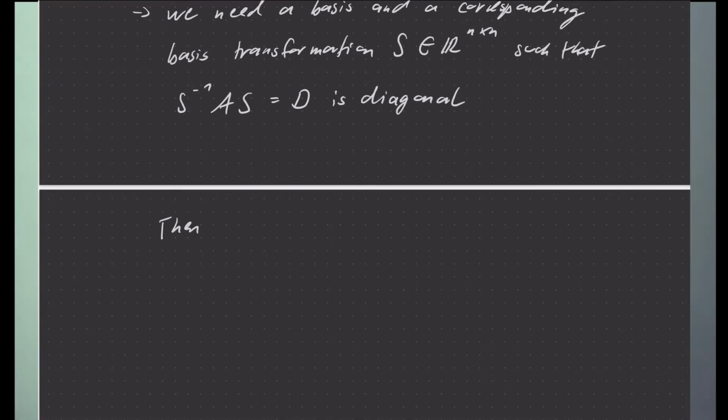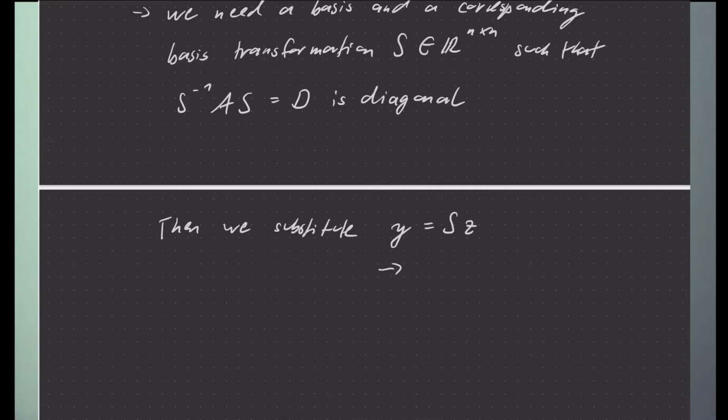Right? If we have that, then we could do the following. We do a substitution. Say we substitute like this: y equals S c, for some new set of functions c.